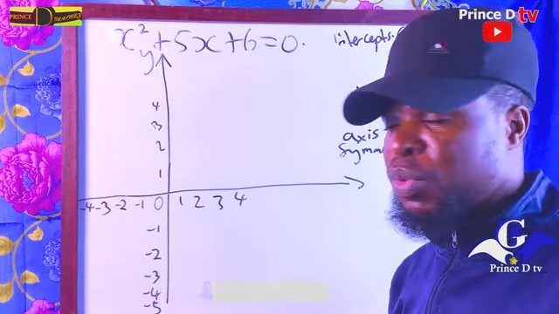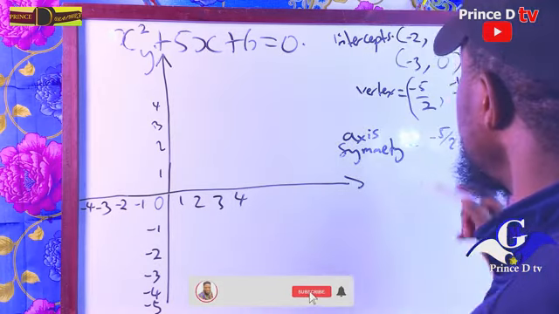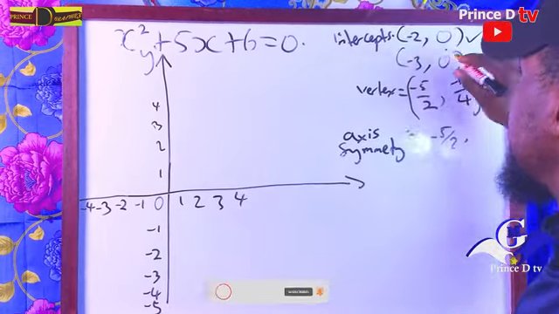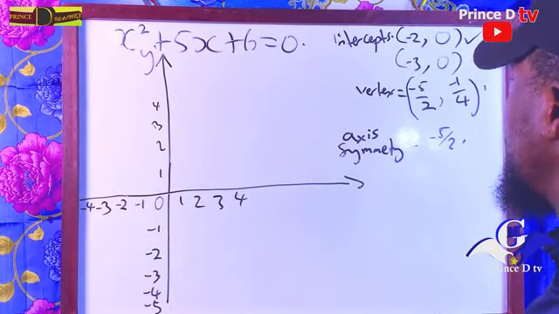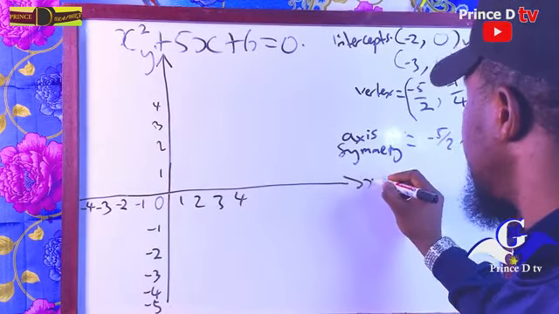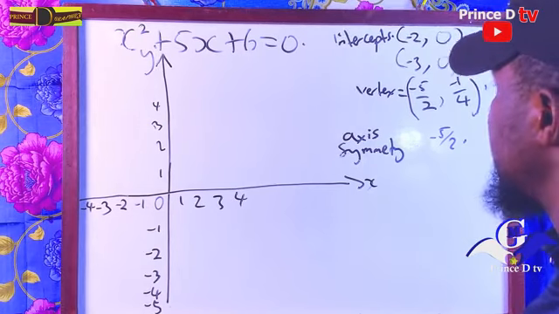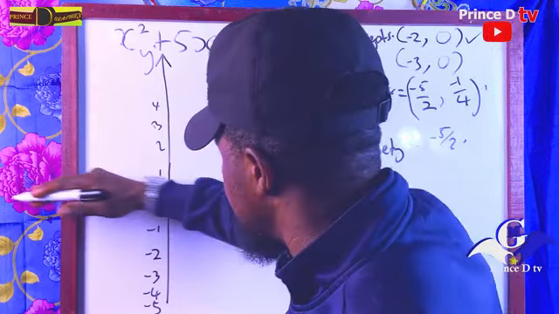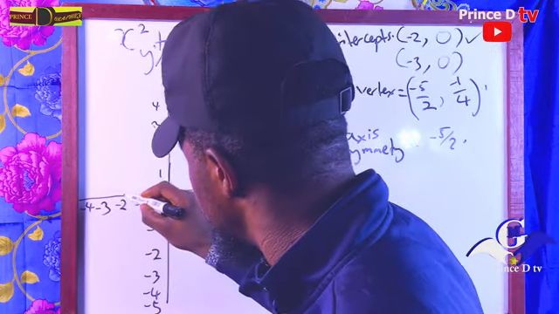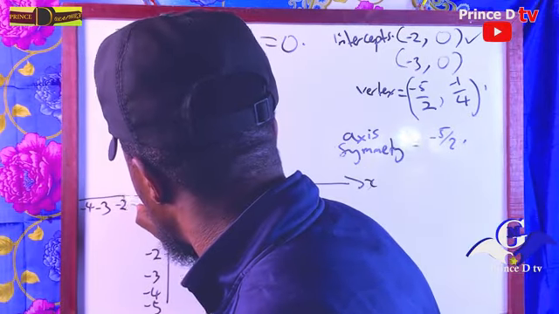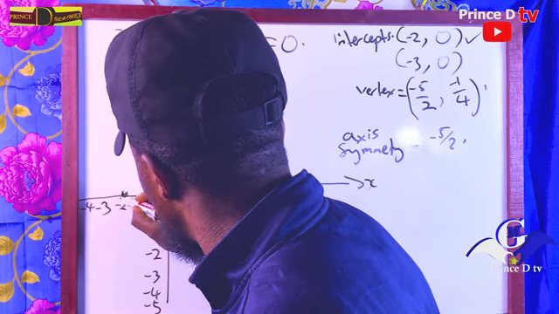That's the best practice. So our first intercept is negative 2, 0. The first is the x coordinate and the second is the y coordinate. So when x is negative 2, our y is simply 0.